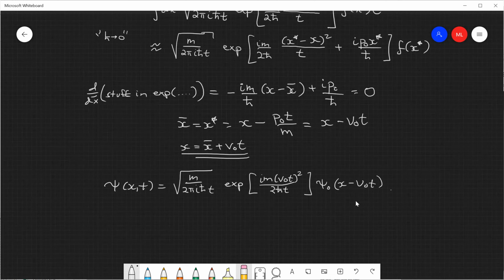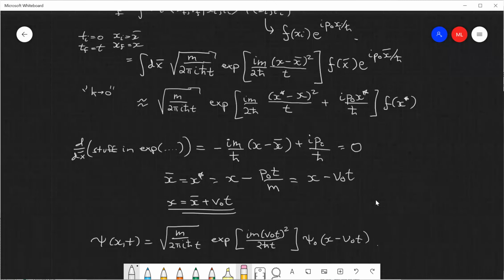And then there's just an extra phase that gets picked up. That's not physical. And then there's this funny normalization, and you might be worried about that because it looks like the wave function is not properly normalized now. But actually it's fine because I did the stationary approximation in a kind of ad hoc way, where I just got rid of the integration and said, well, the integration is going to mostly have contributions around the stationary point.